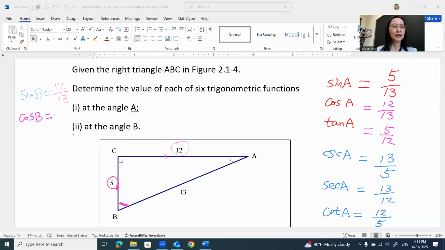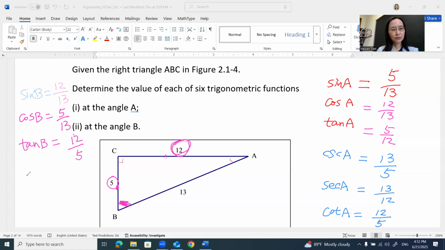Here's the B. So the side length adjacent to B is 5 over hypotenuse. That's the cosine B. And tangent B. Now we keep in mind we're working on the angle B. What's the tangent value? Tangent value is the side opposite the angle B, which is 12, over the side adjacent to B, which is 5.